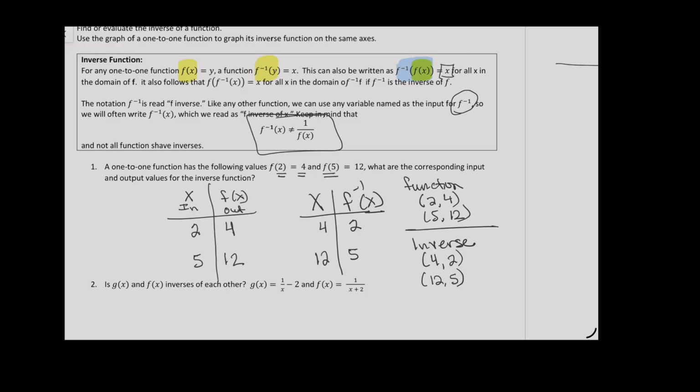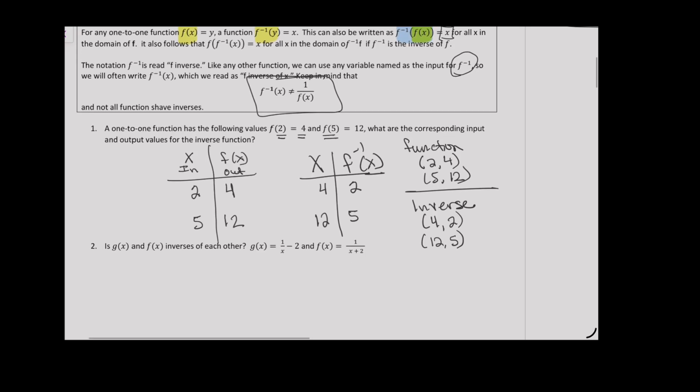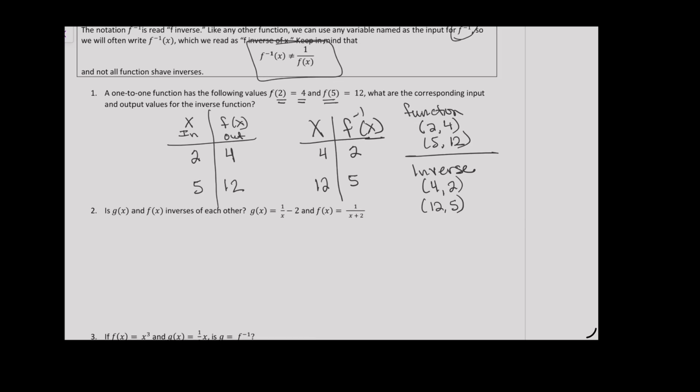All right? Now, here's a notable for this. This is the domain of the original function. So I'll write domain of f of x. When you have an inverse function, right, a function has an inverse, the domain of the function will be the same as the range of the inverse, okay?